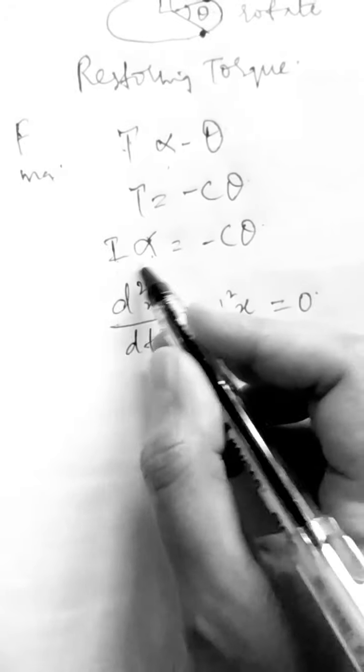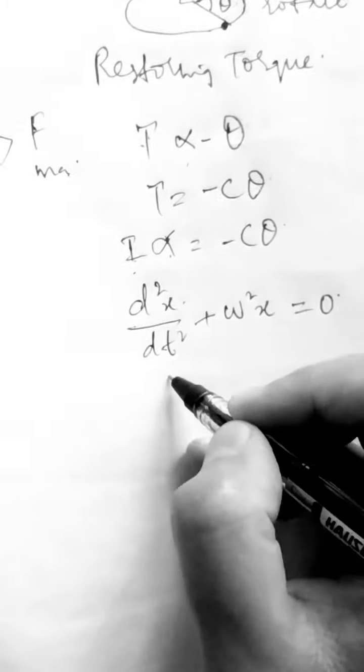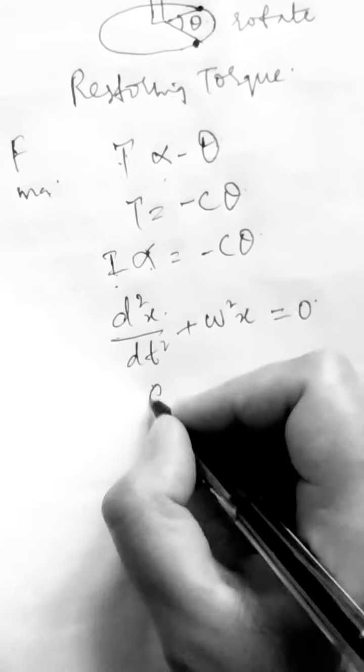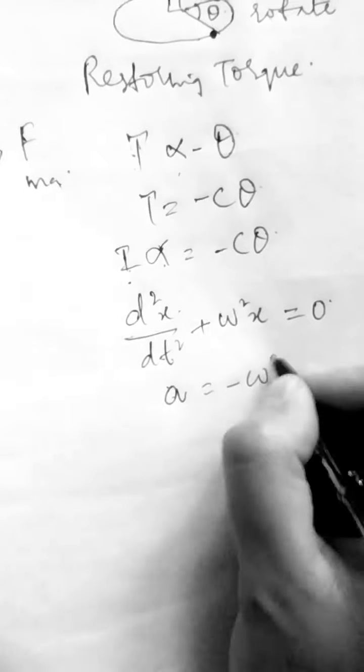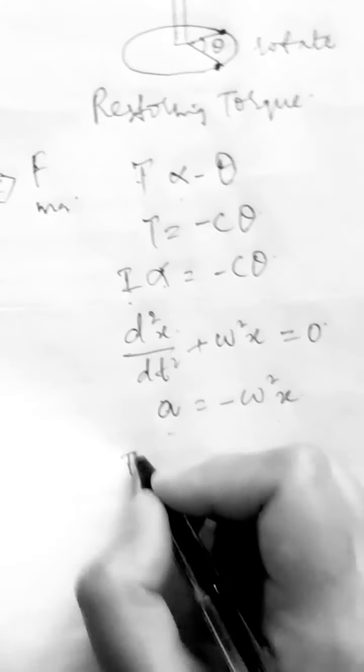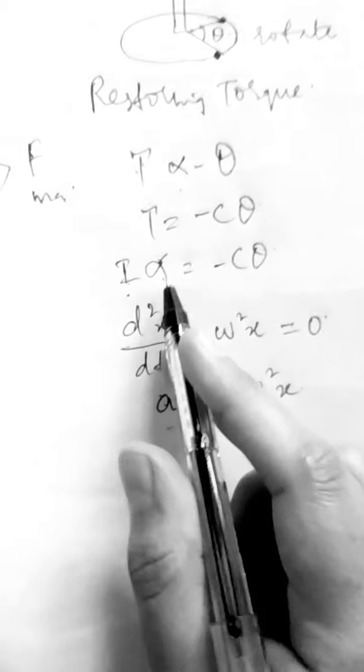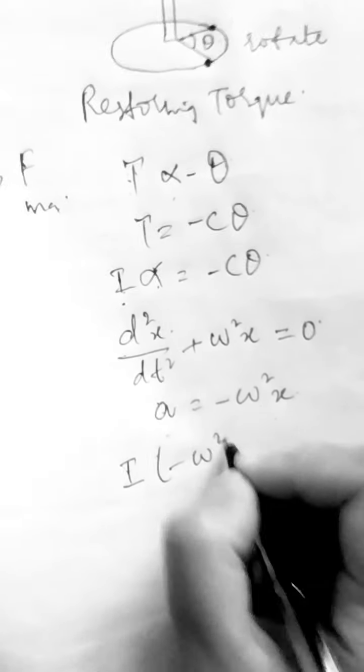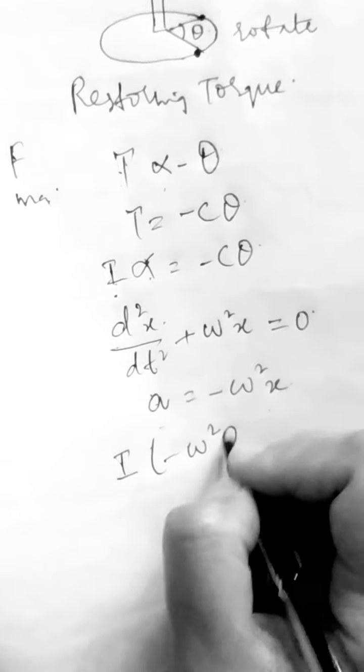Now what is this d square x by dt square? This is the linear acceleration. So you can say that this linear acceleration is minus omega square x. In analogy with this, for I, the moment of inertia, and alpha, the angular acceleration, you can write minus omega square, but for x, this time you write theta.